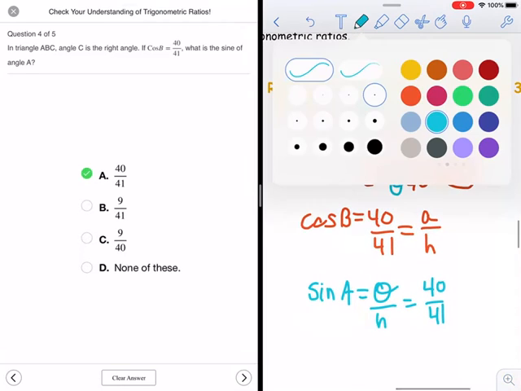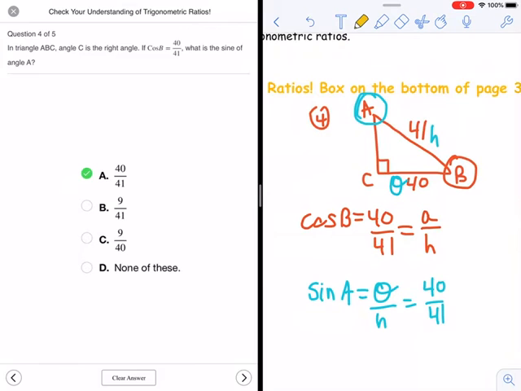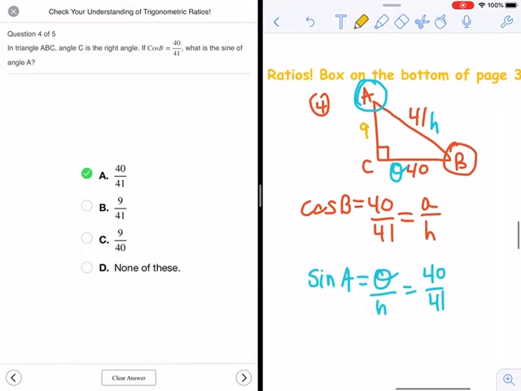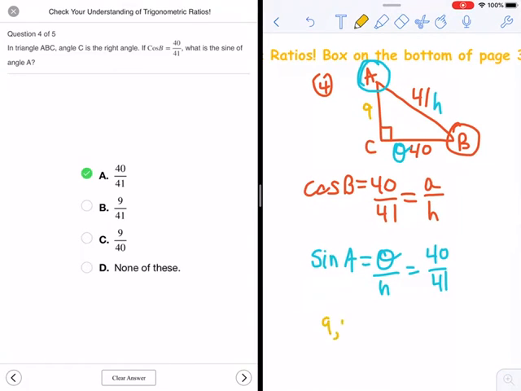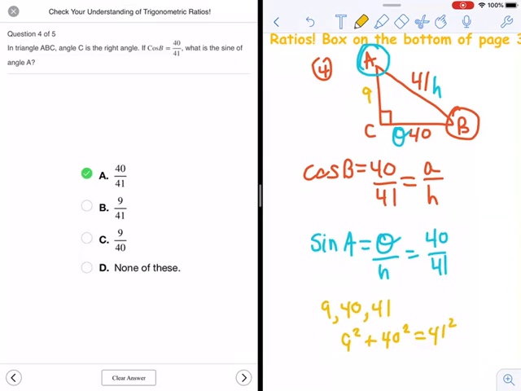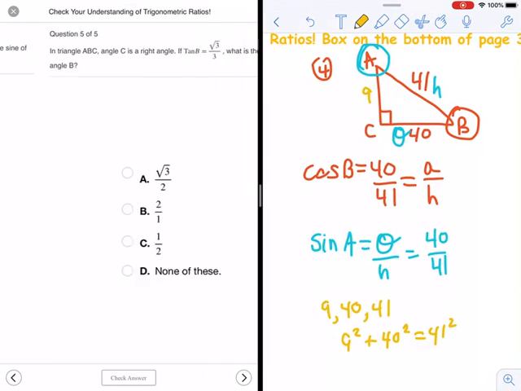A little fun fact too, this has nothing to do with the problem. This side's 9. A weird fact is 9, 40, and 41 is a Pythagorean triple. Alright, 9 squared plus 40 squared equals 41 squared. I always find that weird. Those numbers don't look like they'd form a right triangle, but they do. That's just a little fun fact of the day.